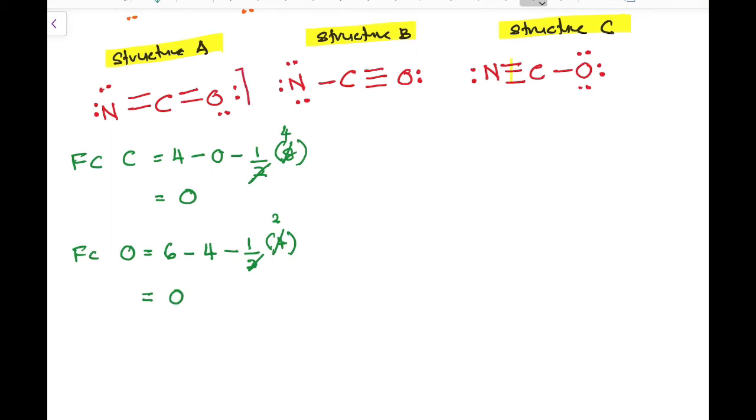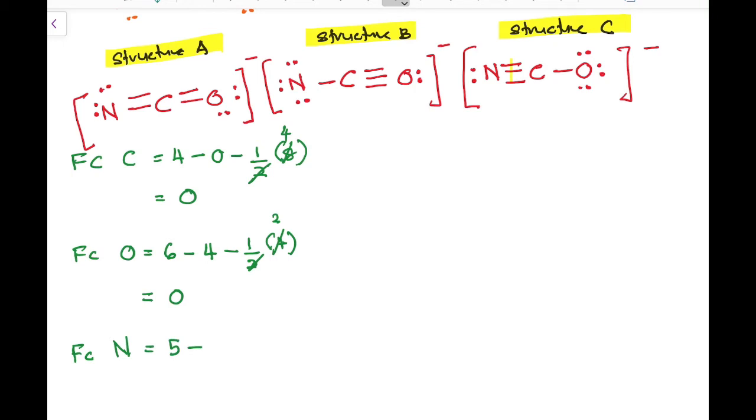Oh my god, because it is negative, we have to put a negative sign outside. I forgot. Okay, right, so we go back. And the formal charge for nitrogen, 5 minus 4 lone pair around nitrogen, minus half of 2, 4. 5 minus 4 equals negative 1. So we put the values. This is negative 1, this is 0, this is 0. Okay, so this is for the first one.